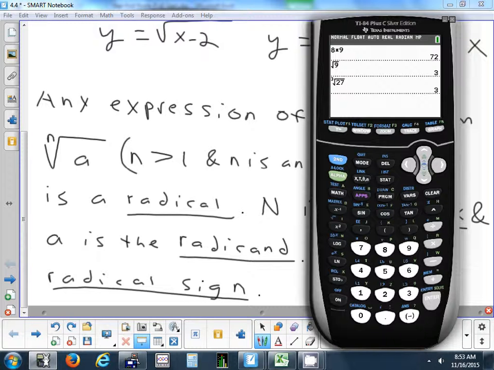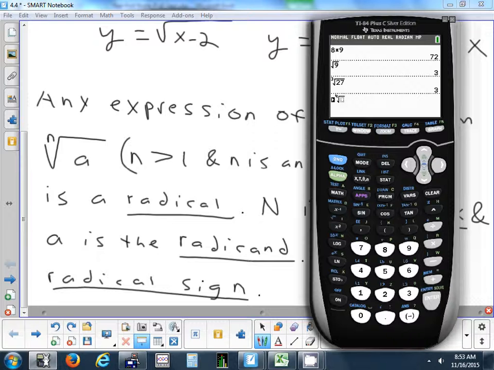If I want to do anything higher than that, let's say you want the 4th root of 16, type in the root you want first. 4th root. Go to math, and then pick the 5th option. It says x root. It's going to take the number that I just typed in, 4, and fill it in for the index. If I wanted a 6th root, I'd hit 6, go to math, and then pick option 5.